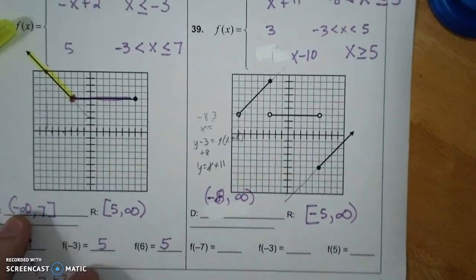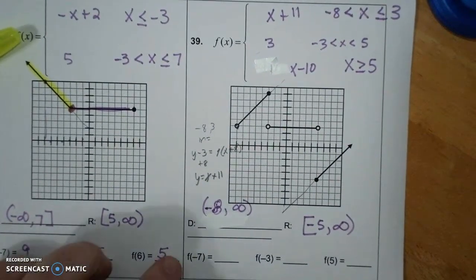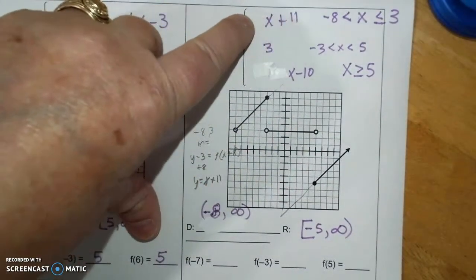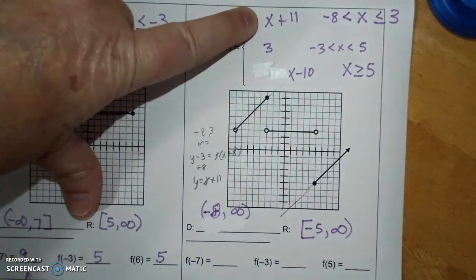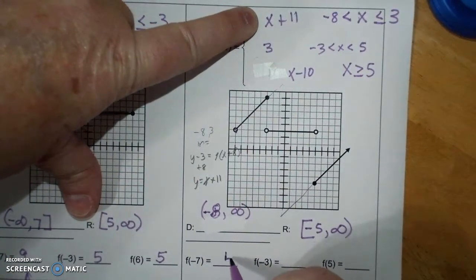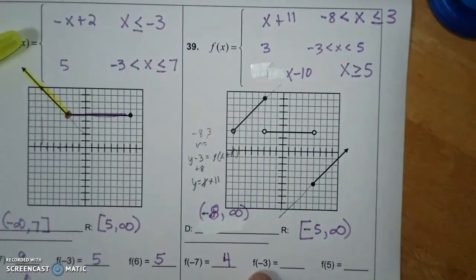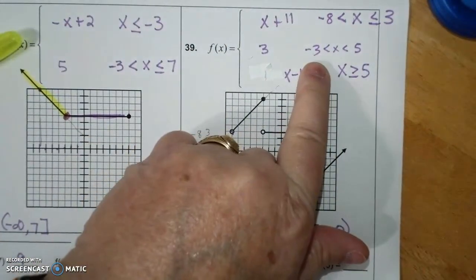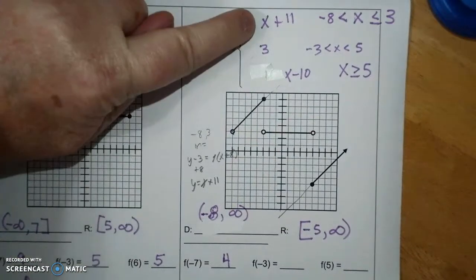Okay, here we go. Negative 7 fits in this piece. So negative 7 plus 11 is 4. Negative 3 fits in this piece because it doesn't fit here because of no underline. It fits here.